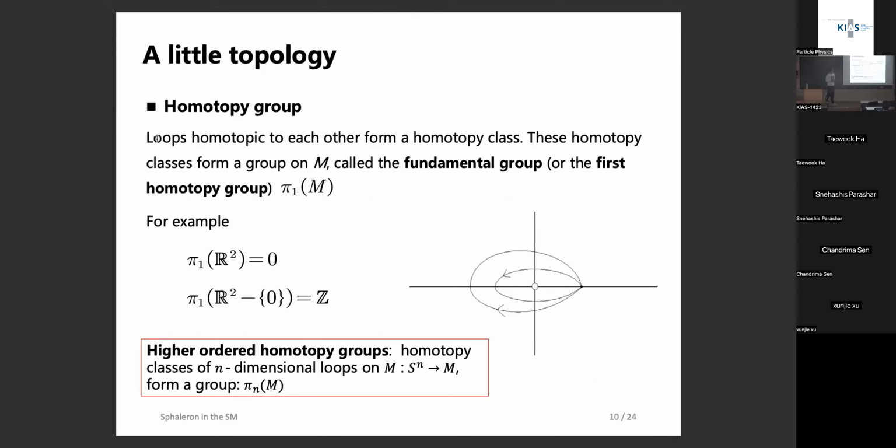And you can prove that all of the loops that are homotopic to each other will form a group. It's called the homotopy group. This is the group defined on the manifold M.